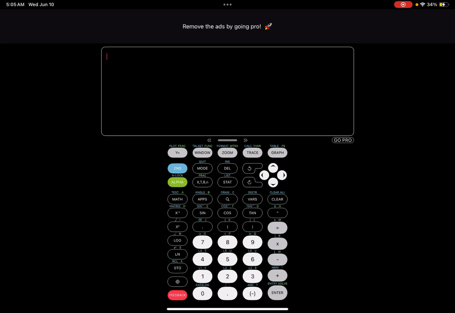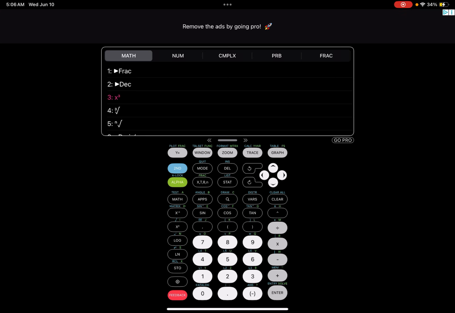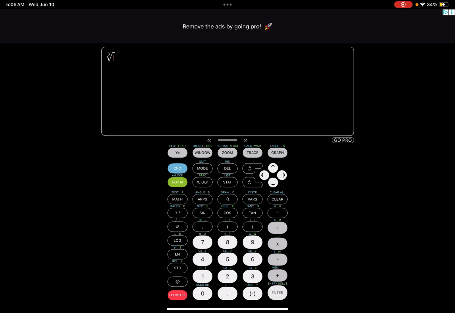To find the cubic root, we just go to math. You scroll down. It's right here, option 4. You hit enter. And we can type 64 divided by 27. And that gives us 1.3. Now, chances are that's not going to be one of the choices in your multiple choice answer. They're probably going to do it as a fraction.